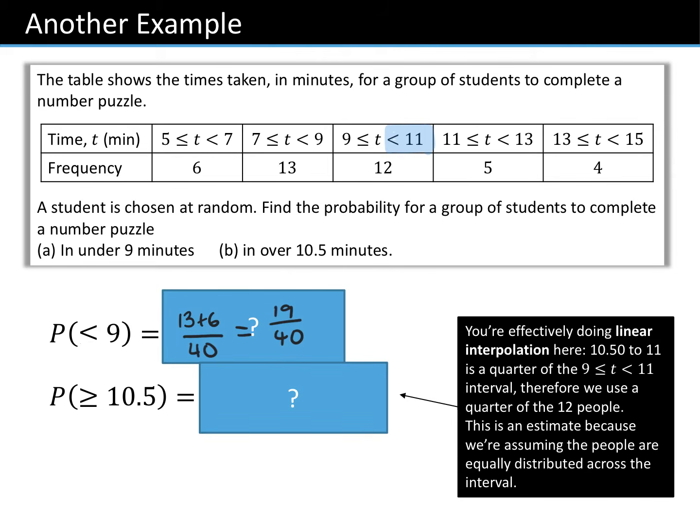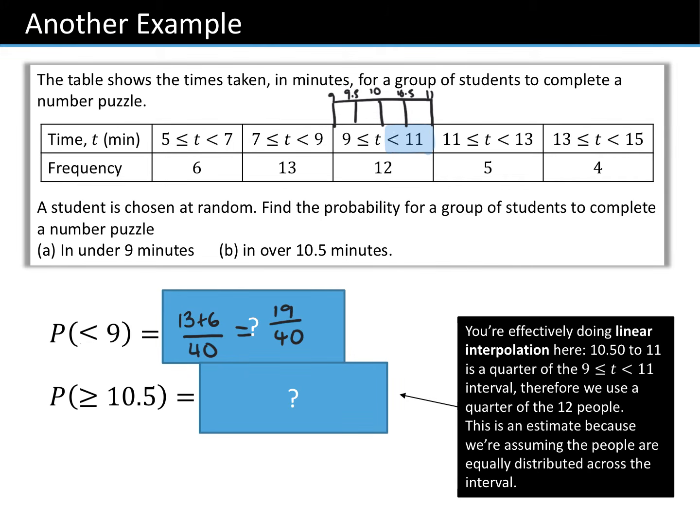So for example, 9 to 11, okay? Where is 10.5 in terms of that? If you think between 9 to 11, 10 is here. 10.5 is going to be here, isn't it? So it's 3/4. Absolutely, 3/4.